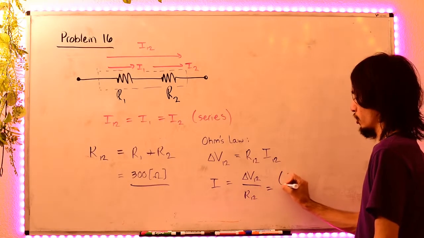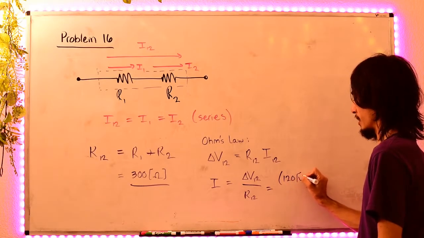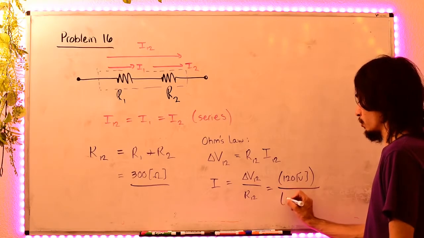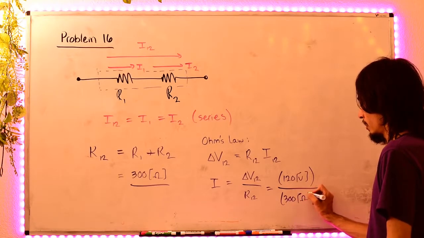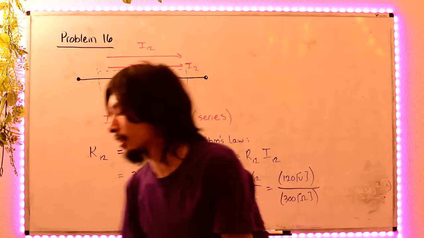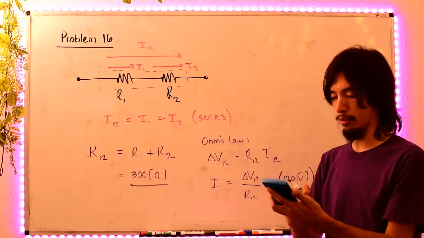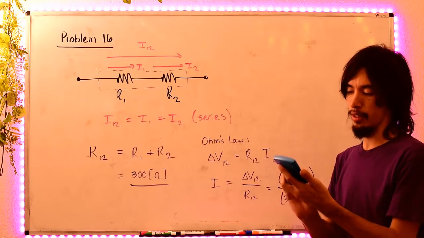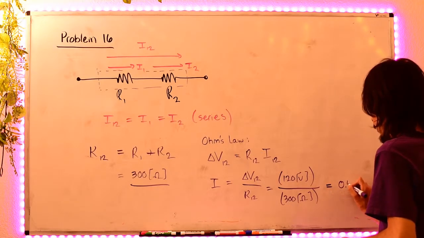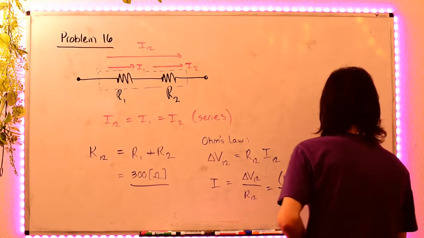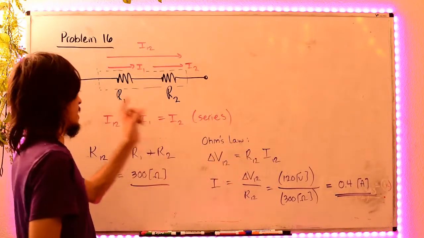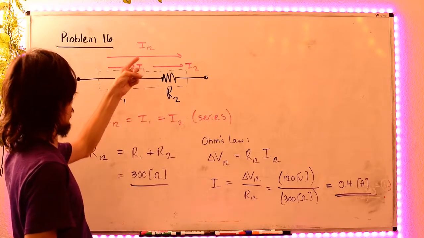The voltage is 120, because we said it was the difference in the two potentials, divided by the total resistance, which is 300 ohms. So 120 over 300 gives us 0.4 amps.